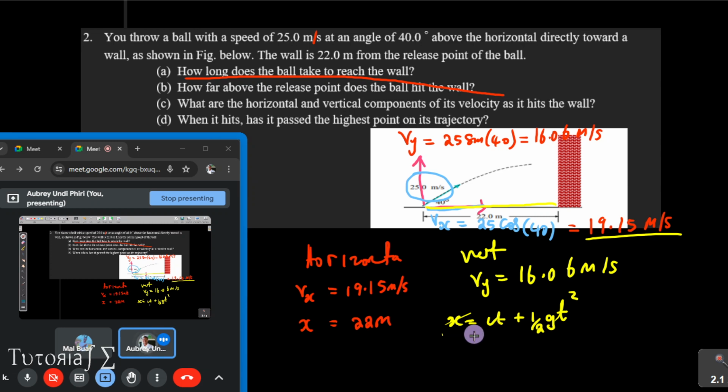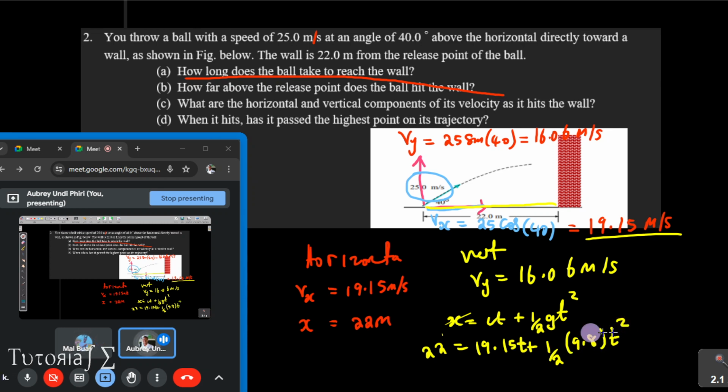You can just calculate for me, then we put the figures there. So our x will be 22. 22 will be equal to our initial velocity, 19.15, t, plus 1/2 times our acceleration, 9.8, t squared. Actually, there is a t here that we forgot, and here there's a t squared.